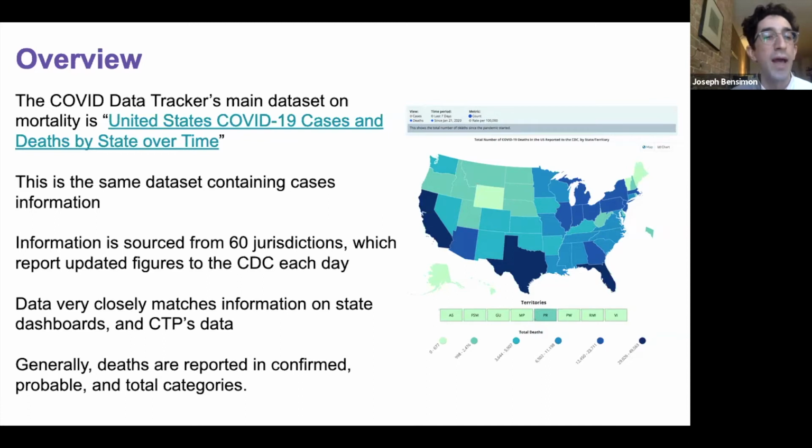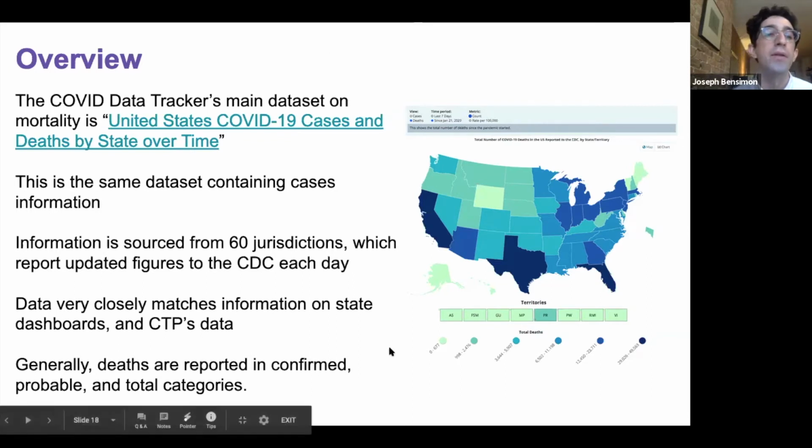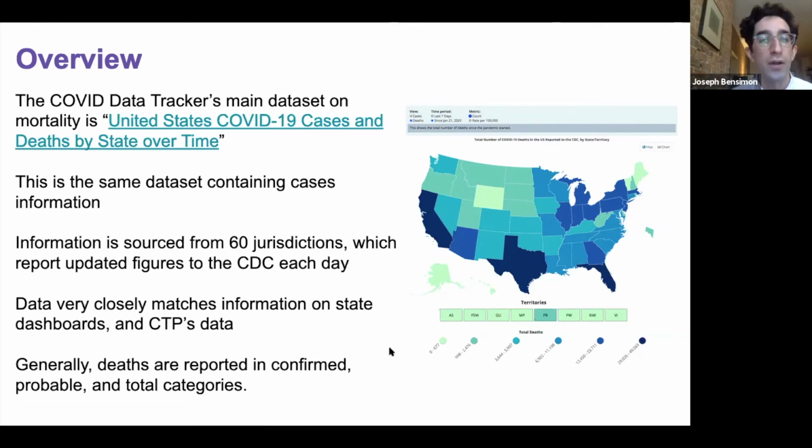So flagging that. Generally, as we saw on the previous slide, the data from the COVID tracking project and the CDC COVID data tracker line up quite closely. The CDC gets this information from the jurisdictions, which report it to them every day, so it's updated daily.